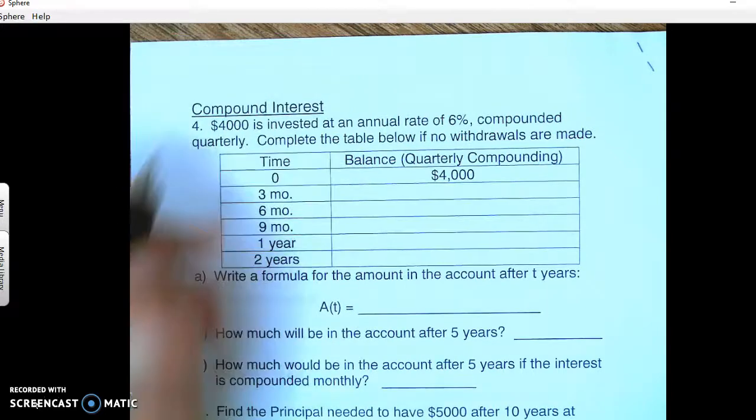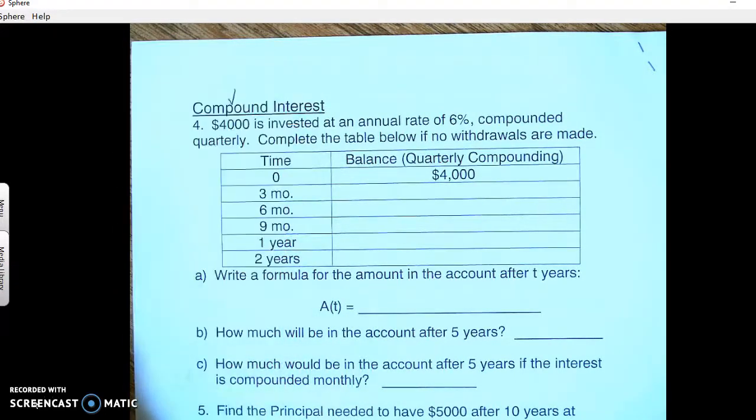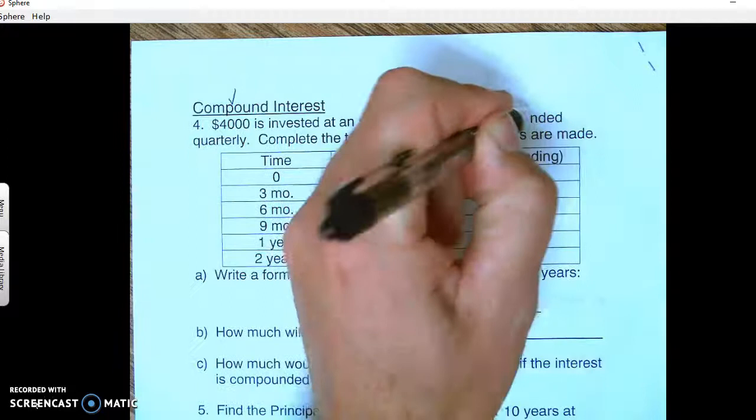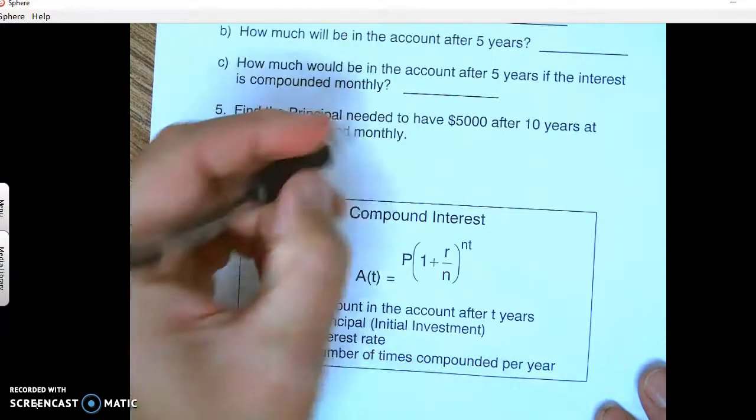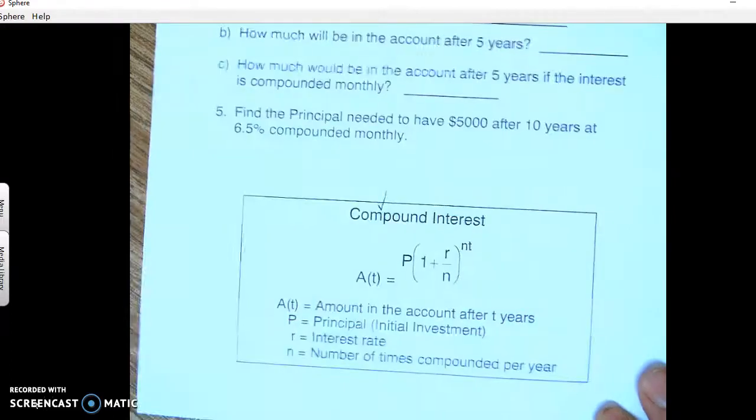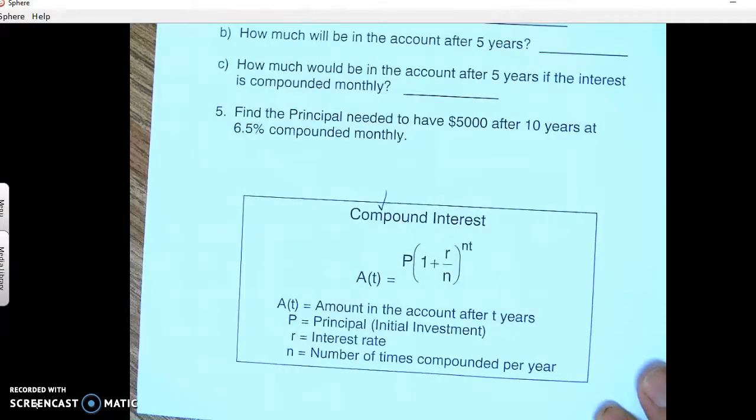So this is a compound problem. If you look in the problem, you see the word compounded. And when you see the word compounded, you go to the formula that says compounded.